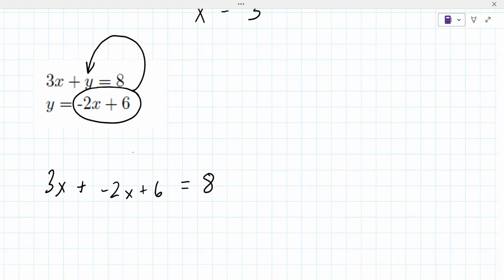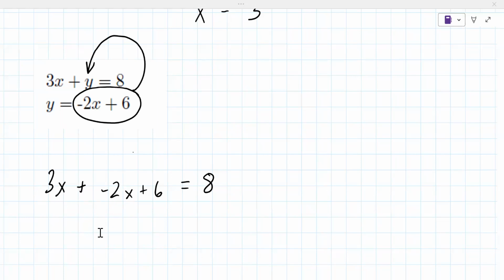Okay. So what can we do here on the equation? What do we do first on the left side of the equation? First of all, you need to be able to combine. You have to take 3x and add it to minus 2x.